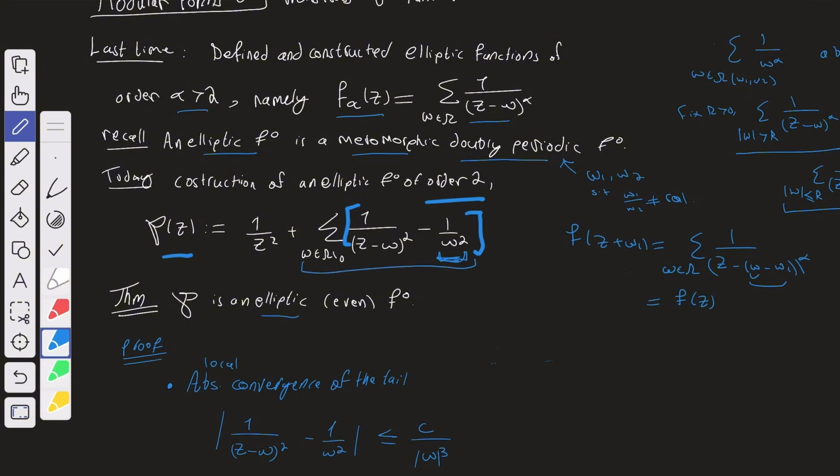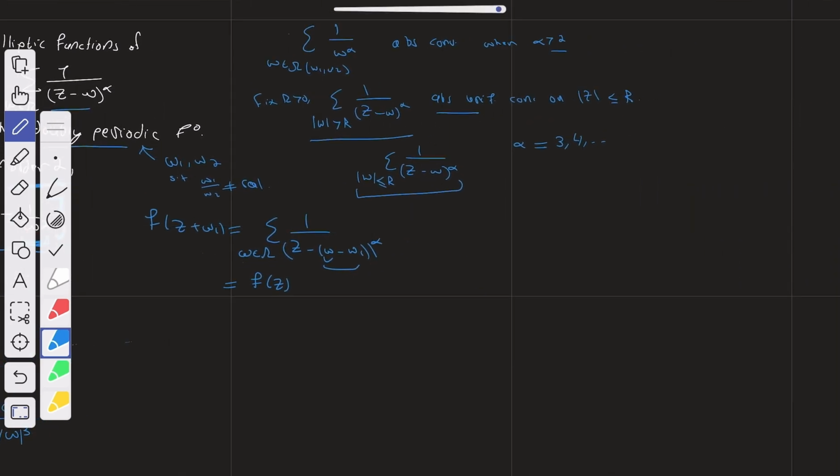And you can think of this function as the antiderivative of the function f3. So let me just elaborate on what I mean here.